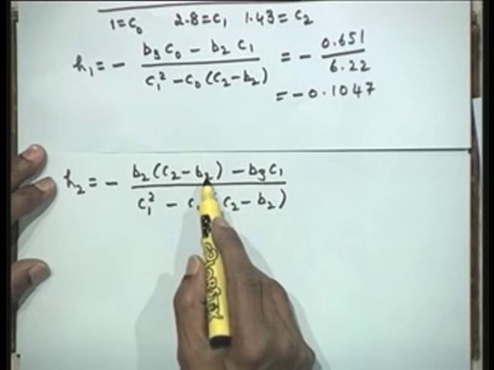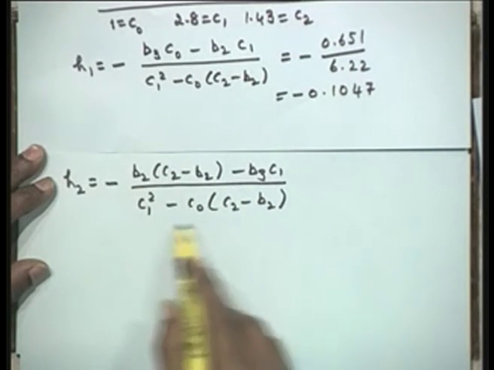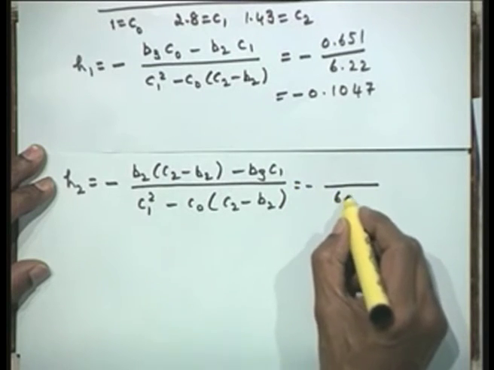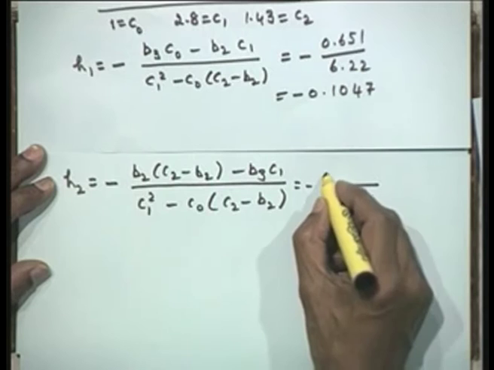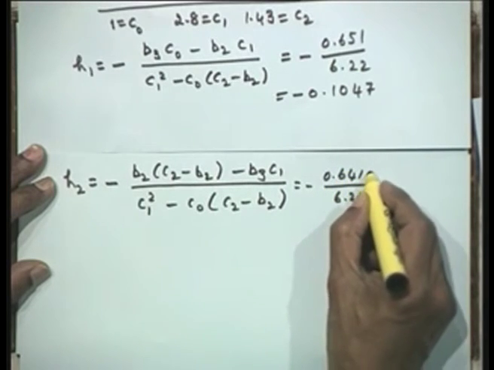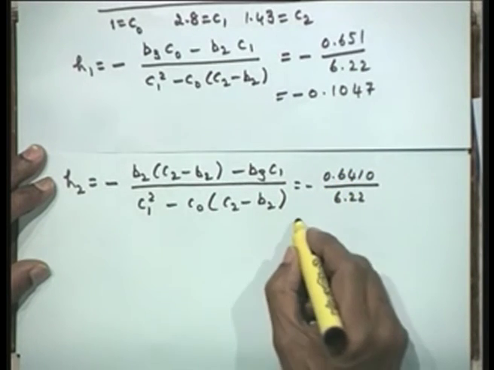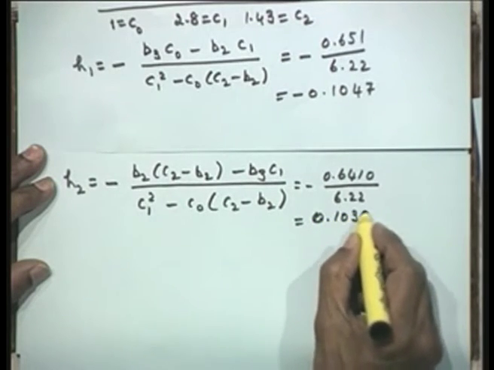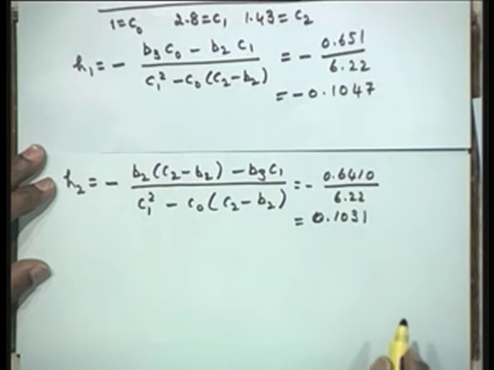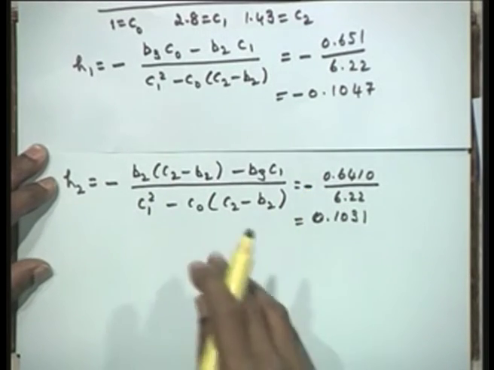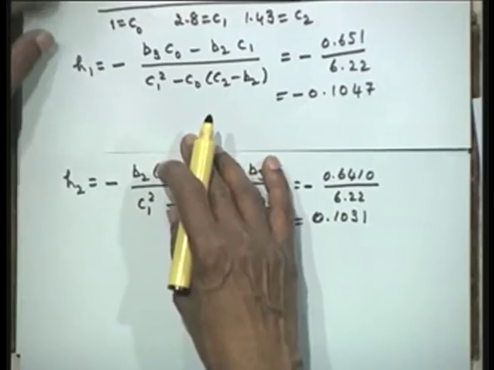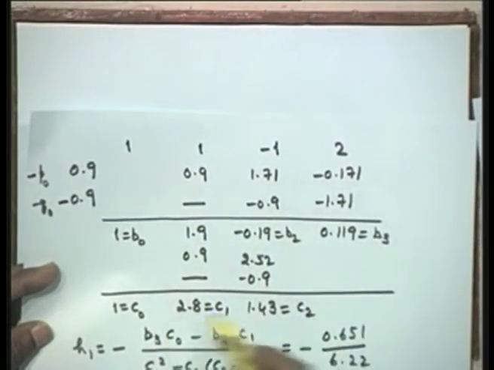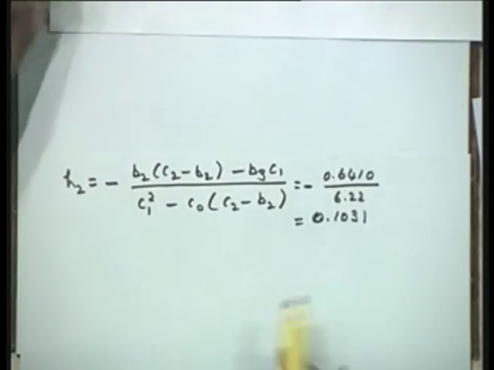If I evaluate this, the denominator is the same, 6.22, and the numerator comes out to be 6.10. So, this is 0.1031. So, these are the quantities b2, b3, c0, c1, c2 that we are using over here.